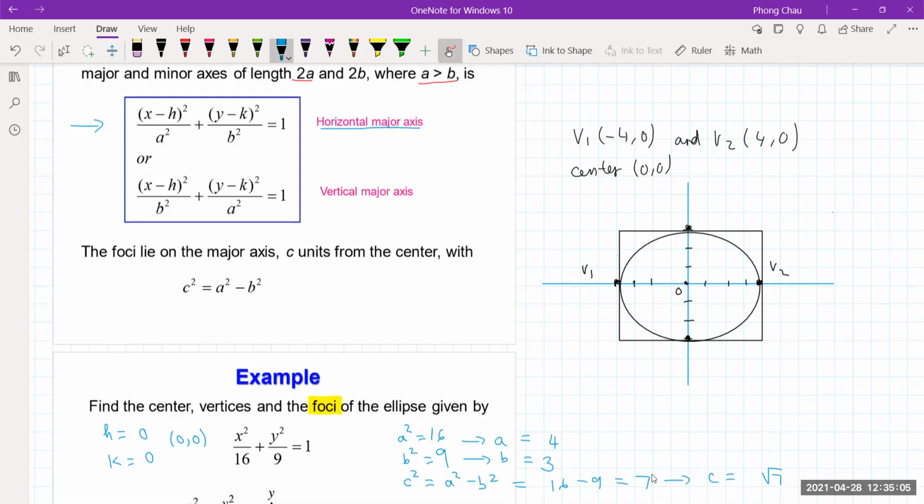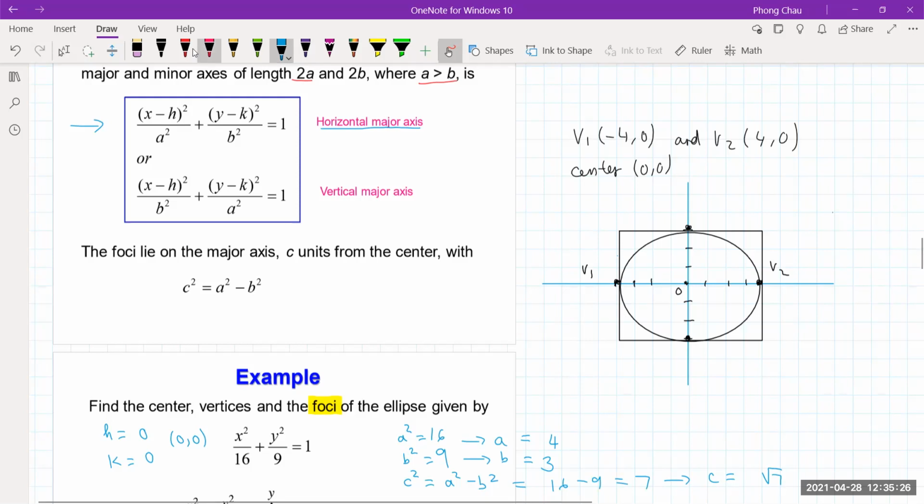Technically, it's plus or minus. I think all of B is supposed to be plus or minus. It's root 7, but I'll keep it as a distance, so root 7. So what it means is from the center, the foci will locate root 7 units away from the center on both sides, right?